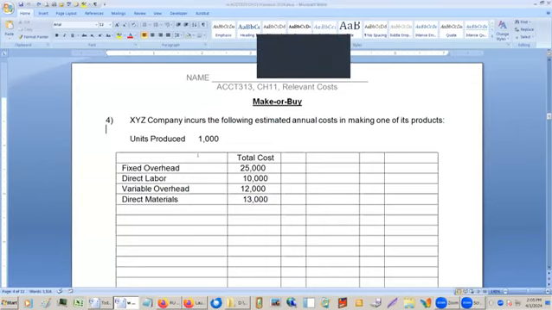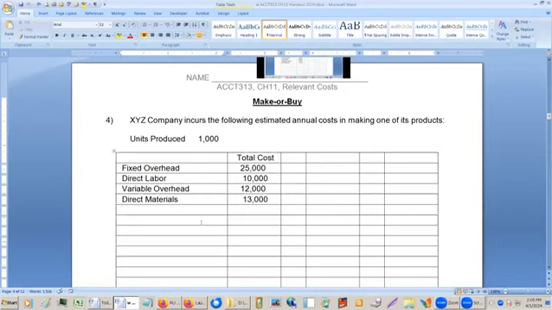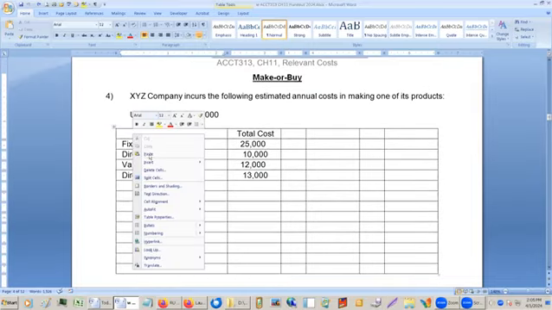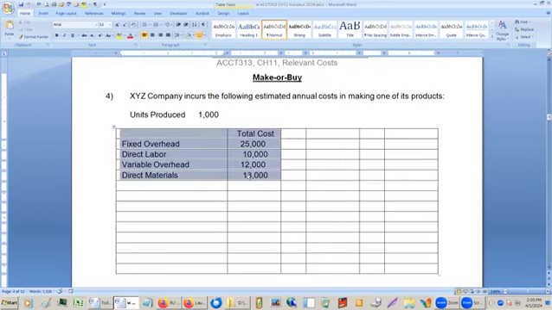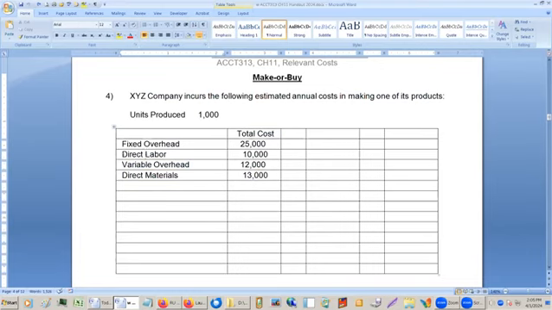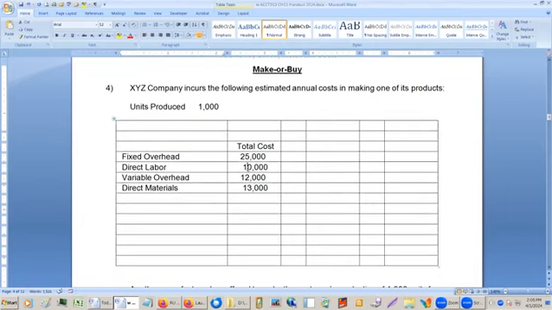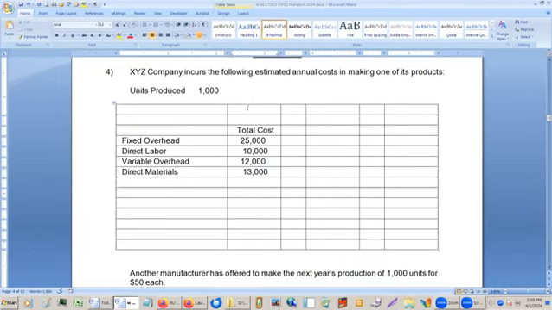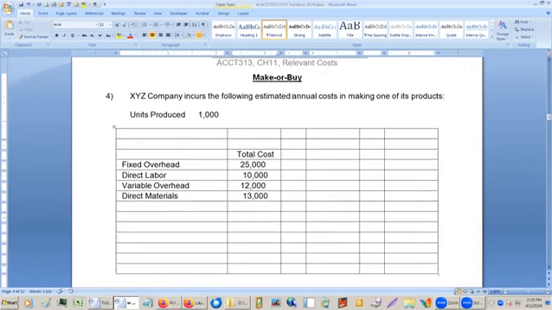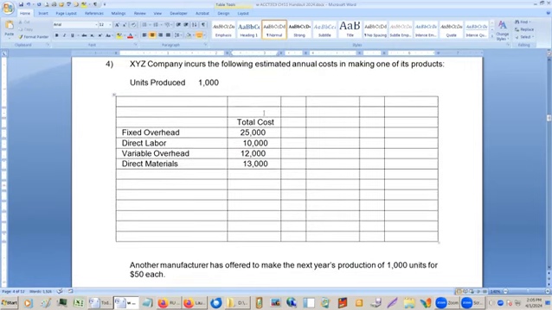Okay, I'm going to show you a good way to do it. I should have extra rows in here. Sorry, I'm going to move this down a little bit. So what I'm going to show you, this is our cost that we currently have. So this would be the make.